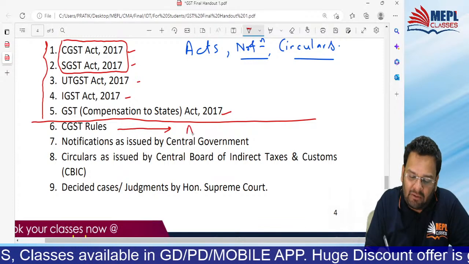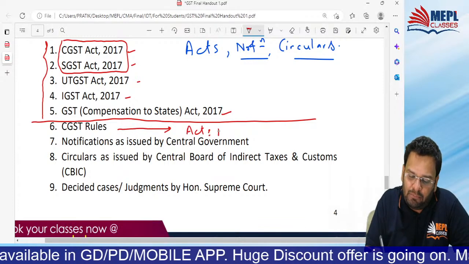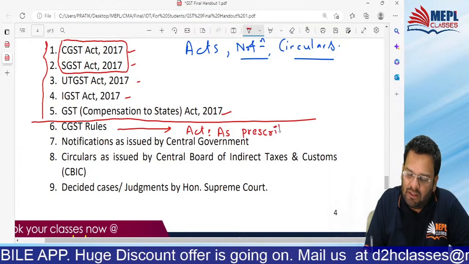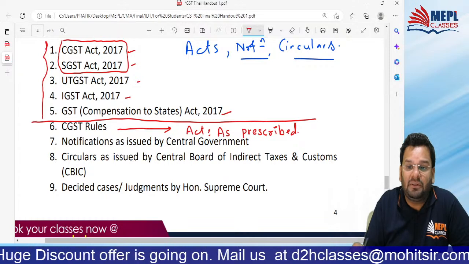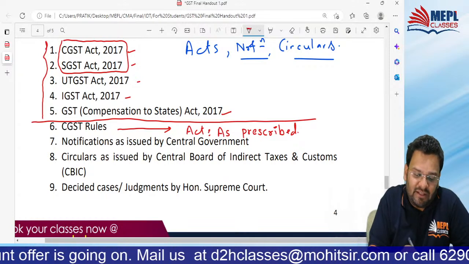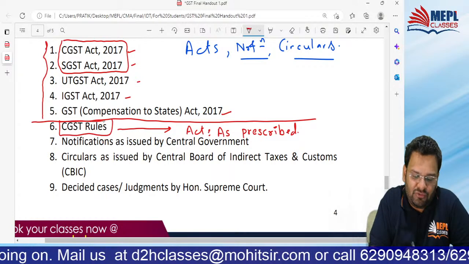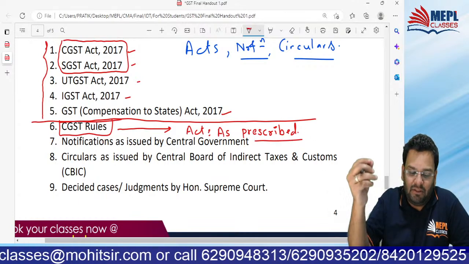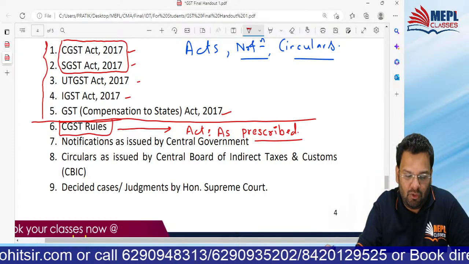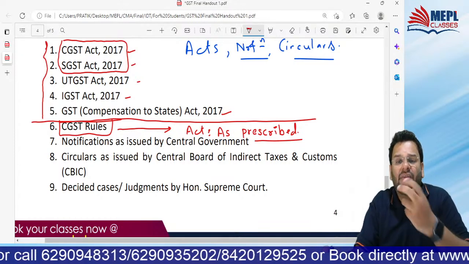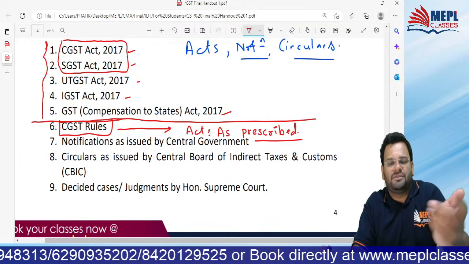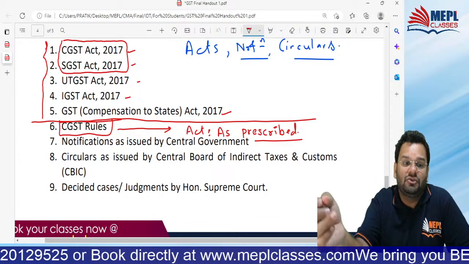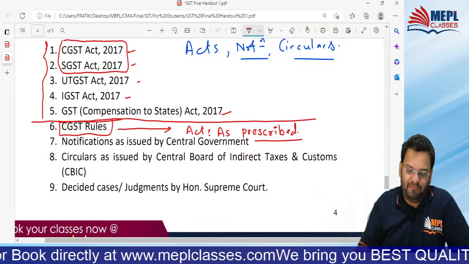When the act uses the words as prescribed, you have to understand where it is prescribed. It is prescribed in the rules. For example, the forms for filing of GST returns will be as prescribed, so they will be in the rules.